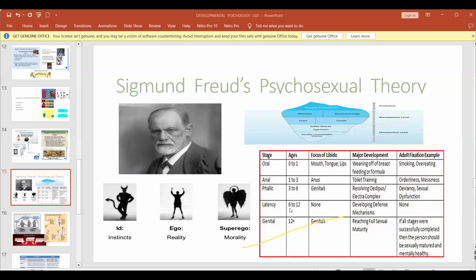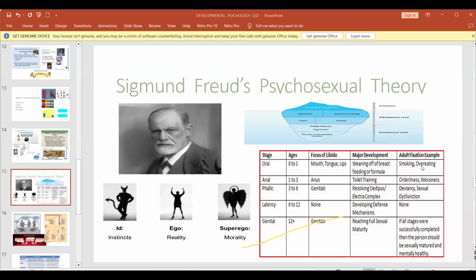Because of under-gratification or over-gratification of the mouth, it led to a fixation or a conflict. And as an adult, there can be deviations that you can see. What are these deviations? Adult fixation examples, personality deviations in adults: smoking, overeating, drinking, nail biting. And sometimes, even as an adult, they are obsessed with the gratification of the mouth.